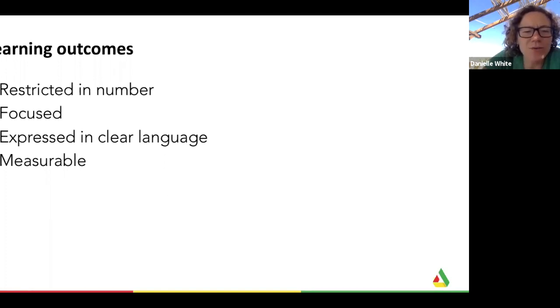So these learning outcomes, it's important that they're restricted in number, that they're focused, that they're expressed in clear language, and that they're measurable. And when we talk about learning outcomes, we're talking about something that we want the people who we're teaching to have achieved by the end of it.